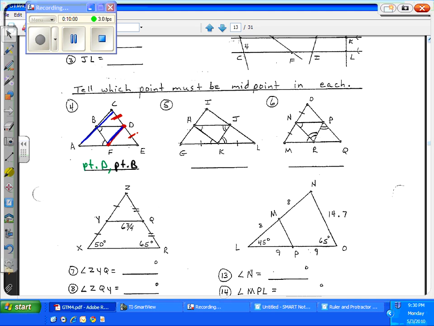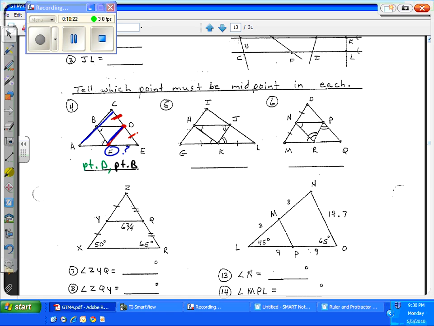We have no way of proving that. If we can't prove that, then that theorem doesn't apply yet, so we're left to wonder if F is a midpoint. We cannot reach that conclusion. So the only two that we can conclude are midpoints for sure are point D and point B. Okay?